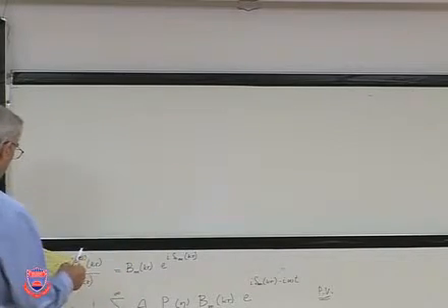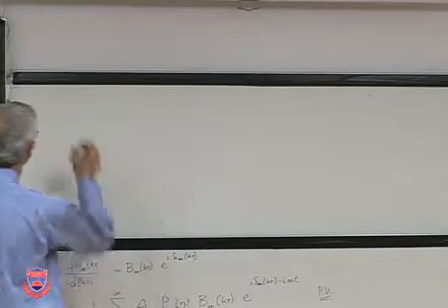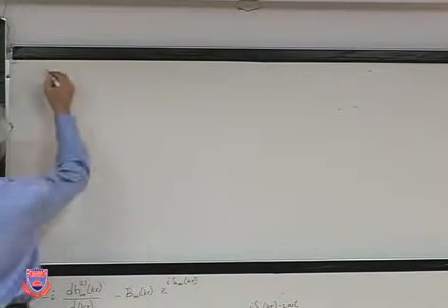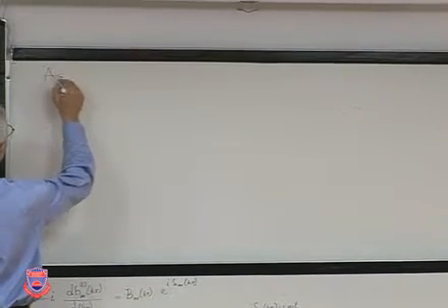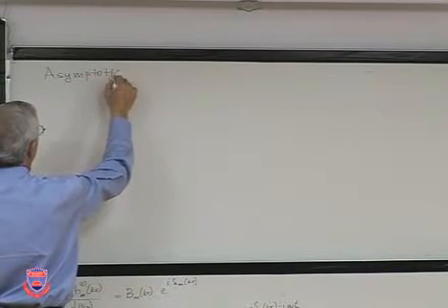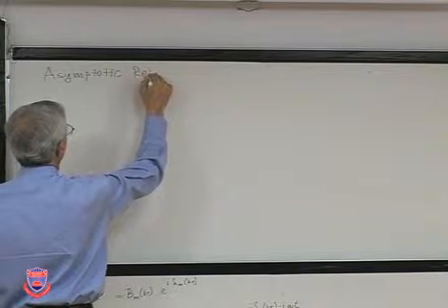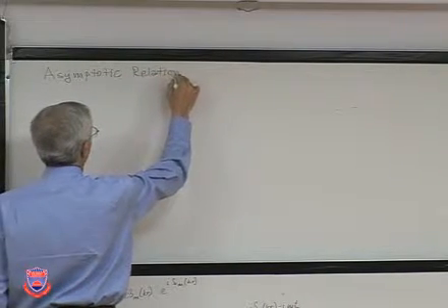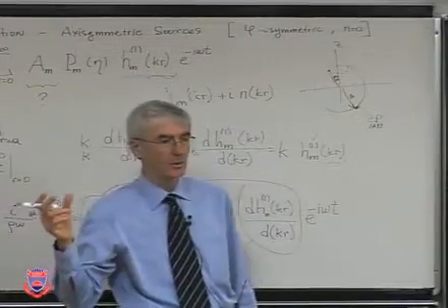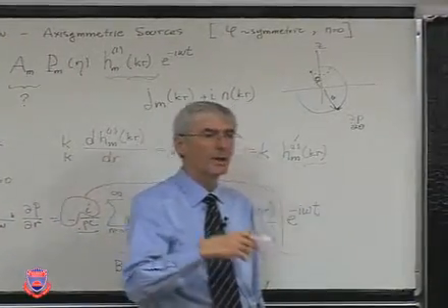Now some basic assumptions or asymptotic relations. What we mean by asymptotic relations is when you're in extreme cases, when you're very far away or when the source is very small, what happens?